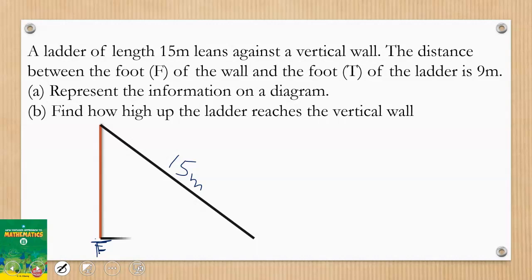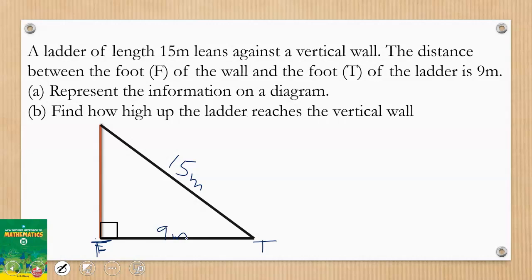And so we can also draw the base, the level ground, and then that will make an angle of 90 degrees with the wall. So if F is the foot of the wall and T is the foot of the ladder, I can put T here. And the distance between the foot of the wall and the foot of the ladder is 9 meters. So that is here.